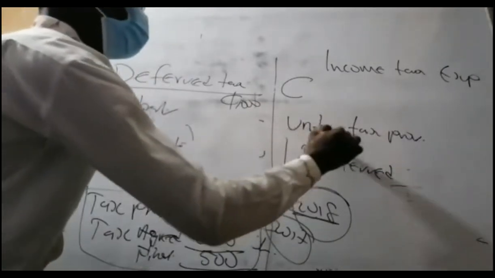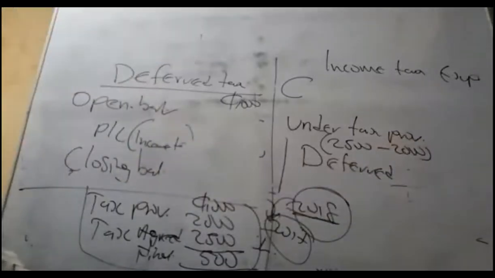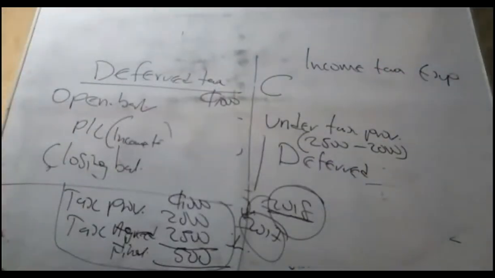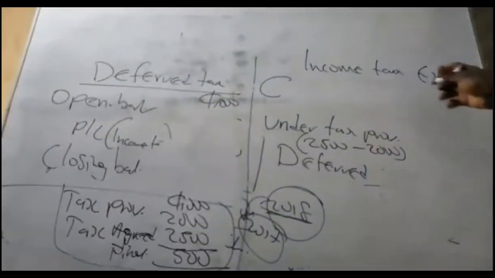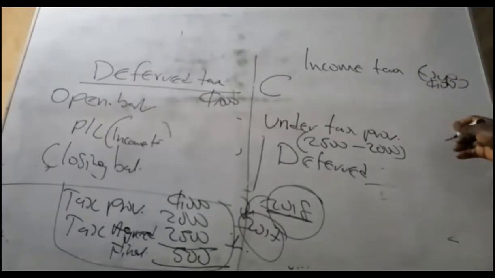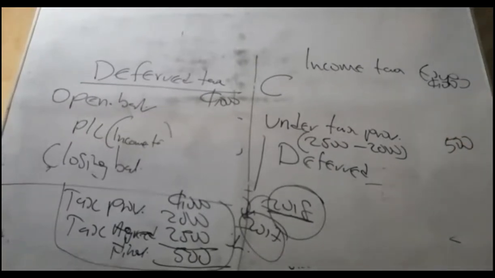Open my bracket: it is 2,500 less 2,000. I will also obey the rule of the three protocols, the three zeros. So under by 500.